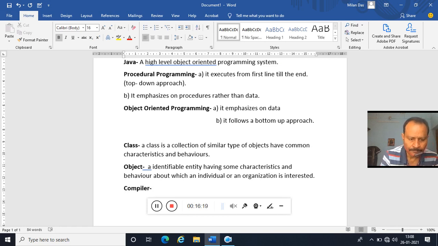Like a compiler. Now, what is a compiler?